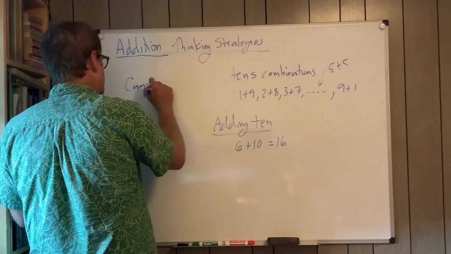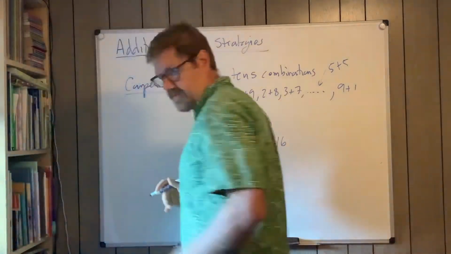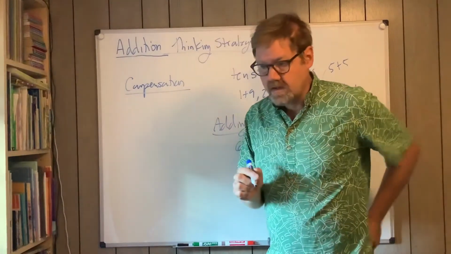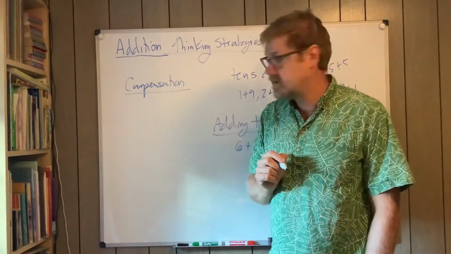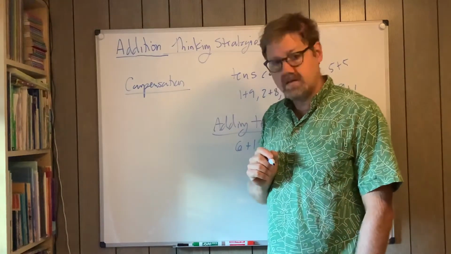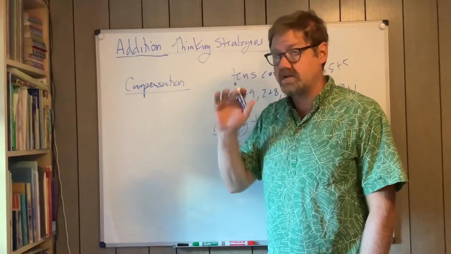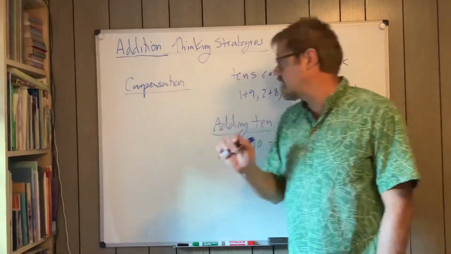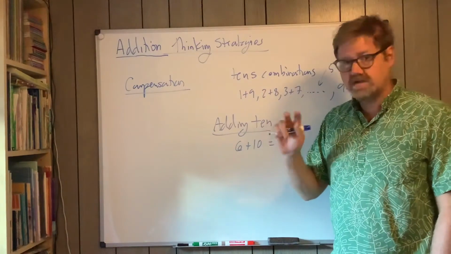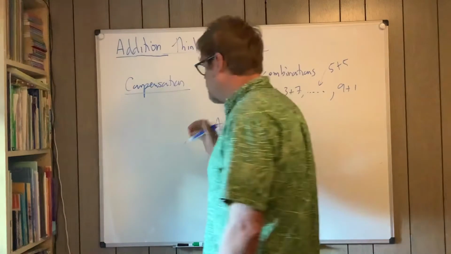Compensation. Okay. I'll do a couple of examples with this because I think this is important. This is really key, and as we're going to see later in the course, making sure you're getting it right is really key. But here's the idea.